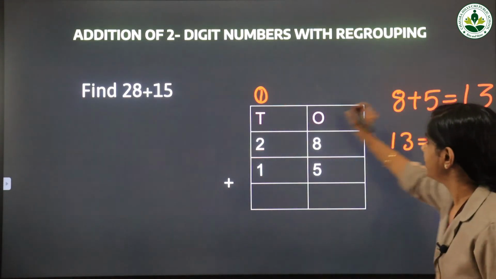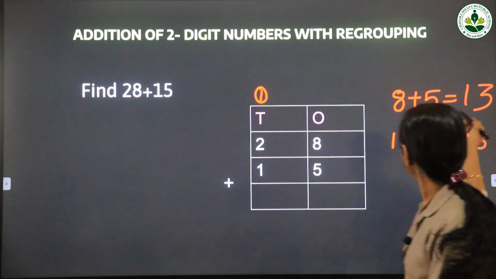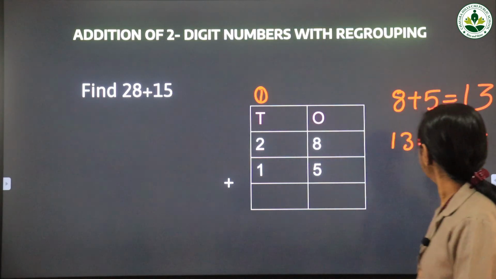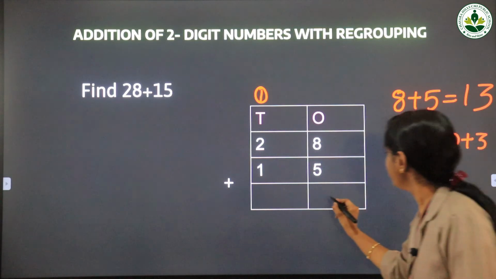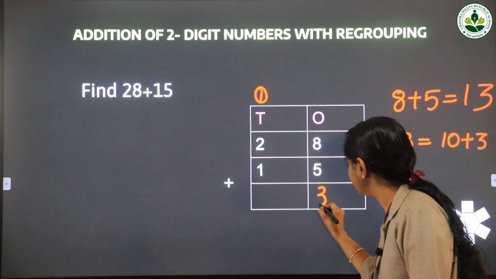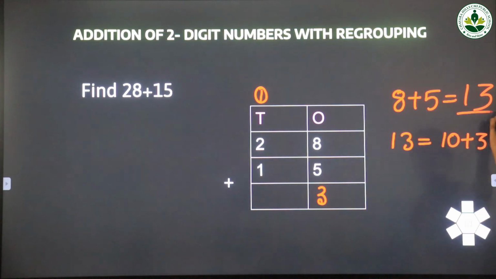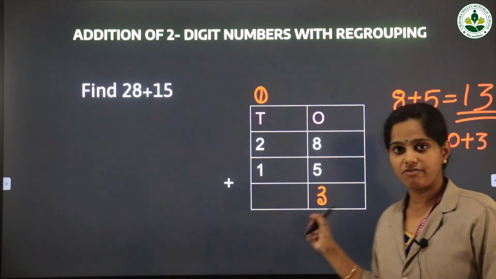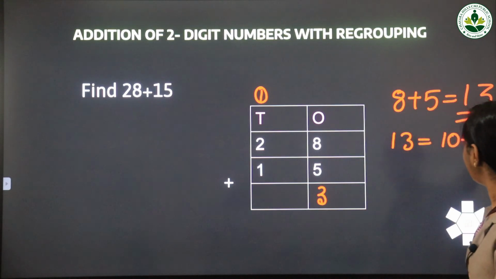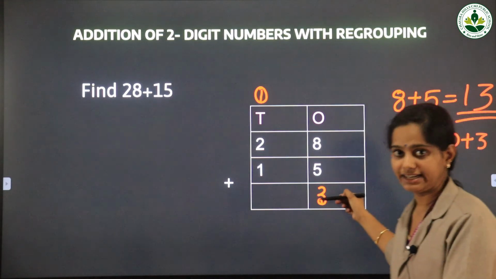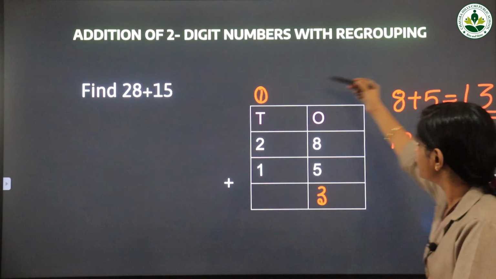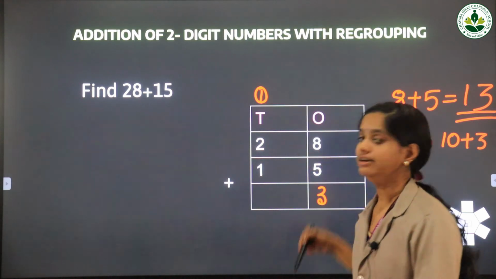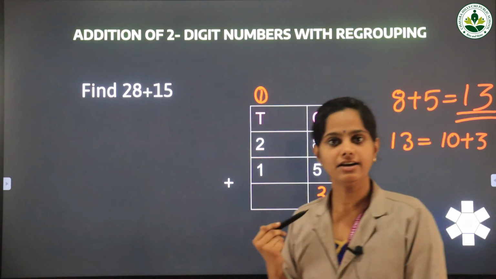This one will go to the tens column and we write 3 in the ones column. It's a carryover.